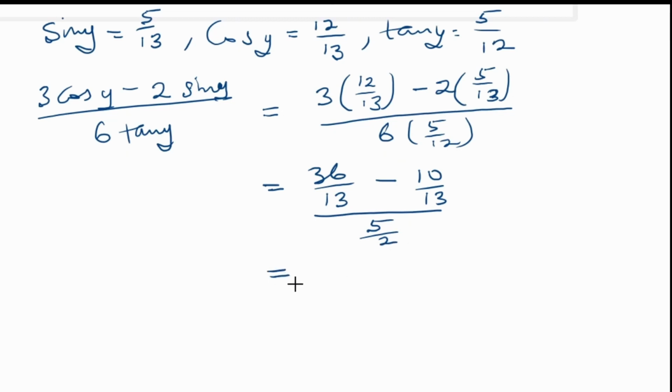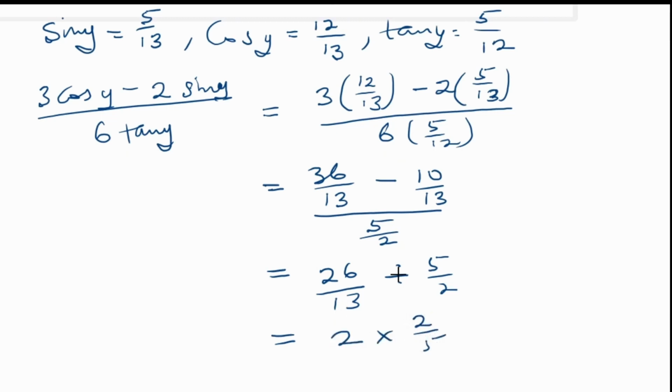Right, working it further, the two fractions in the numerator have the same denominators. So we're just going to do 36 minus 10, which will give us 26 over 13 divided by 5 over 2. And 26 over 13 is 2, times 2 over 5.